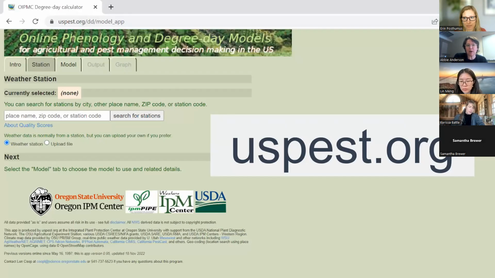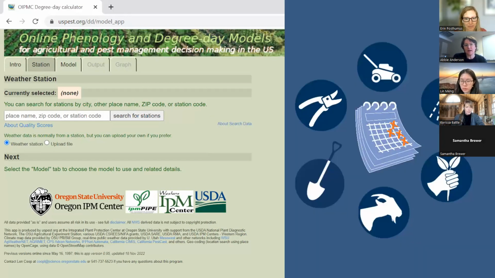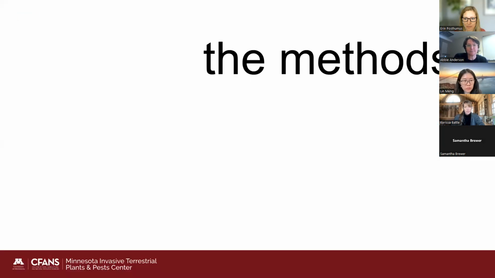We wanted to share the models at this website called uspest.org that serves phenology and degree day models. So it essentially lets land managers put in a zip code and calculate when a plant of interest will reach a given phase. That is when it's most vulnerable for taking management action. So we wanted to solve this problem of helping land managers schedule their work.